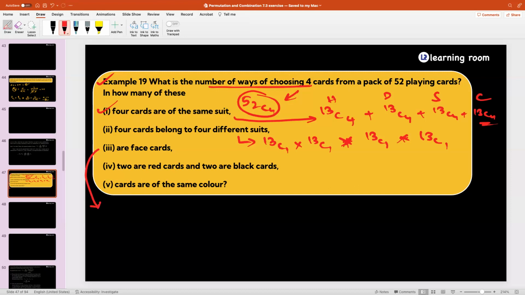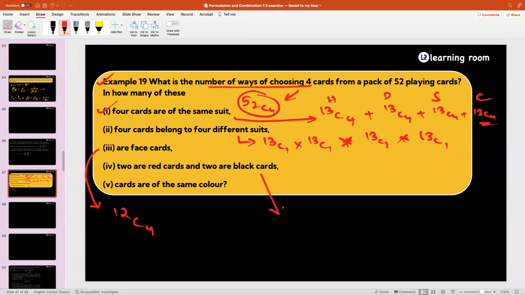So how many face cards are there? 12. What are they? King, queen, and jack, into 4. So out of the 12 cards, you need to choose 4. Is that right? Yes, sir.